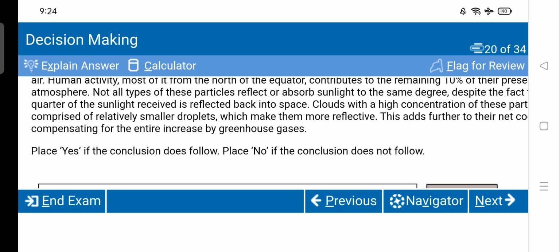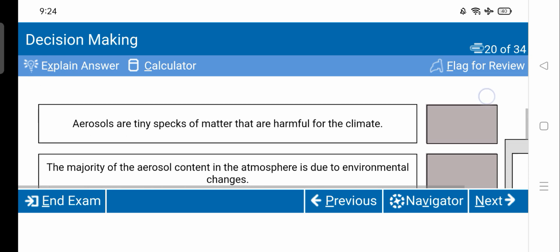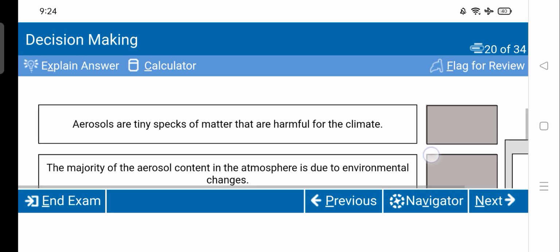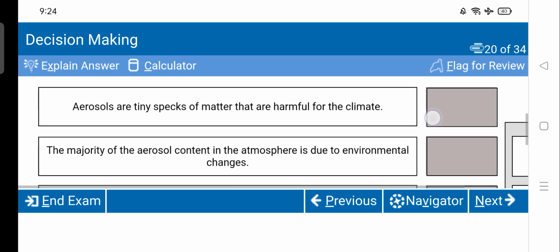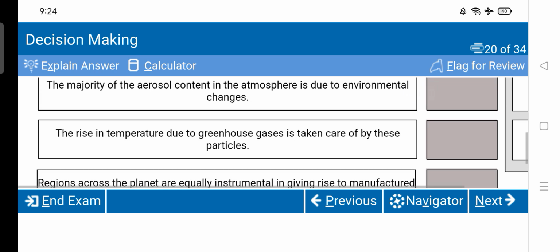So place yes if the conclusion does follow and place no if the conclusion does not follow. So we have: aerosols are tiny specks of matter that are harmful for the climate. The majority of the aerosol content in the atmosphere is due to environmental changes.